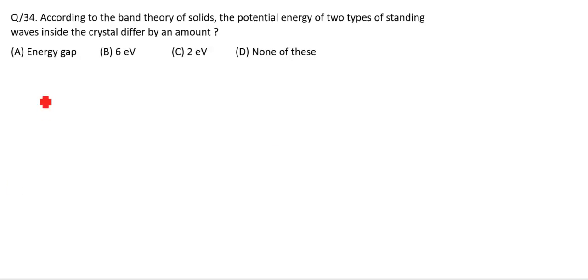Okay, next question. According to band theory of solids, the potential energy of two standing waves inside a crystal differ by an amount of its energy gap. Potential energy is given by its energy gap, valence band, and occupied.